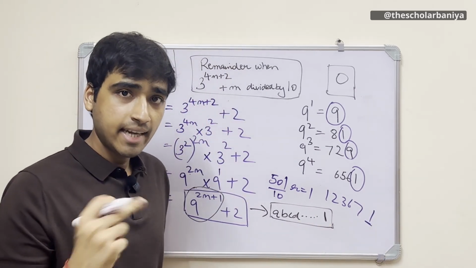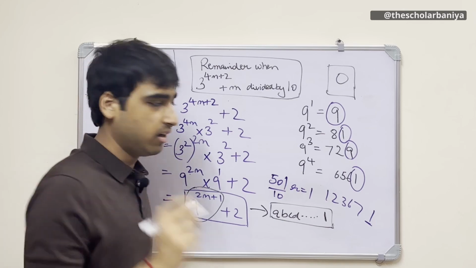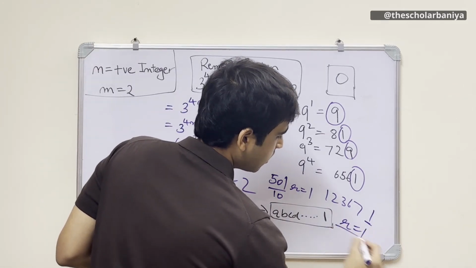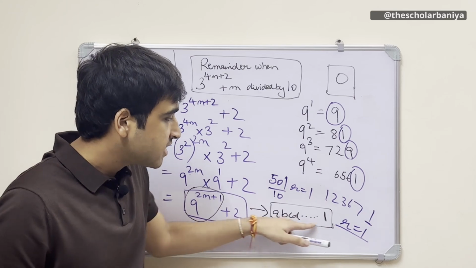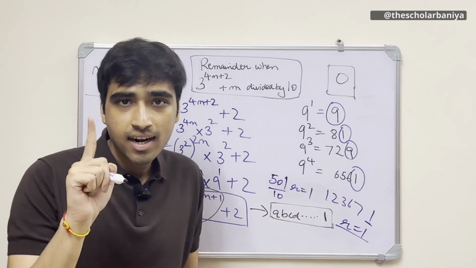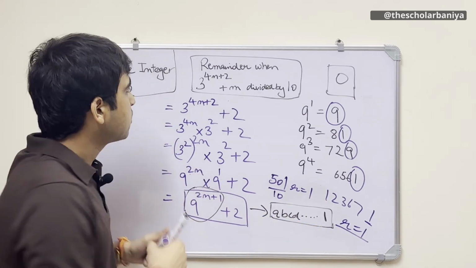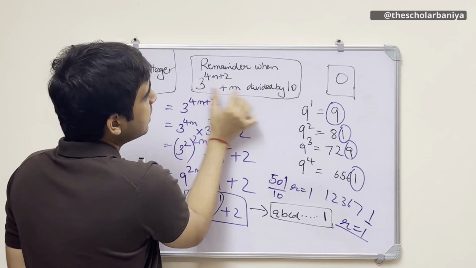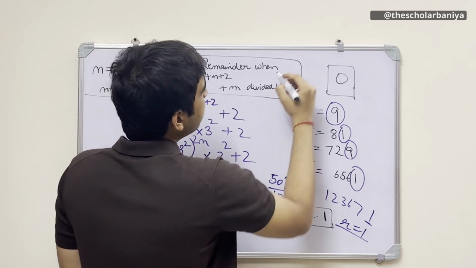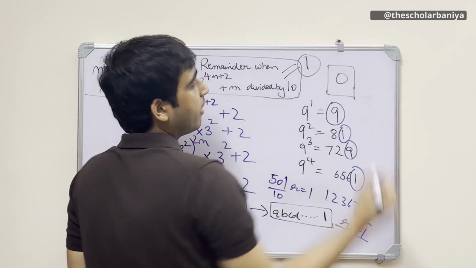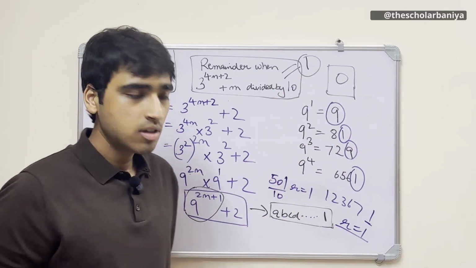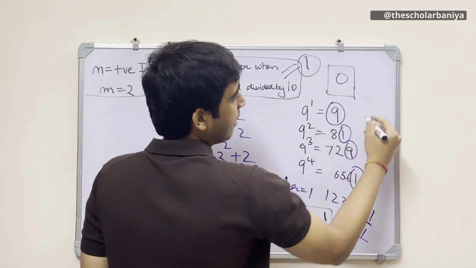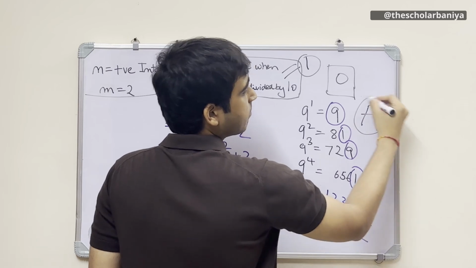If you divide it by 10, you will get remainder as 1, right? So if you divide this number by 10, you will get 1 as the remainder, always. That means the remainder when this number is divided by 10 will be 1, okay? And obviously 1 is greater than 0. So the final answer you have is A.